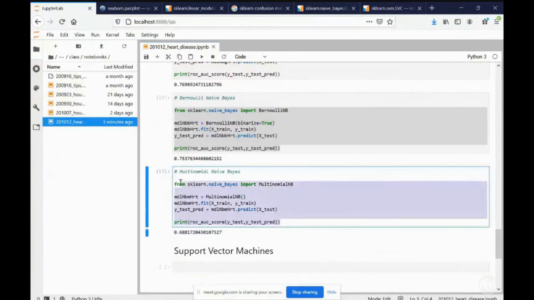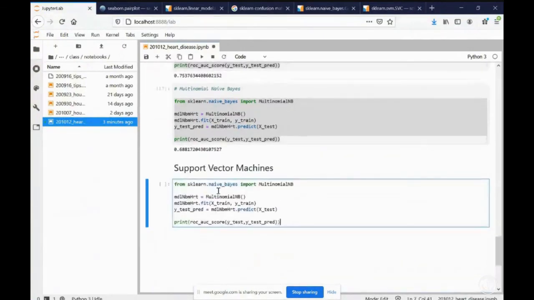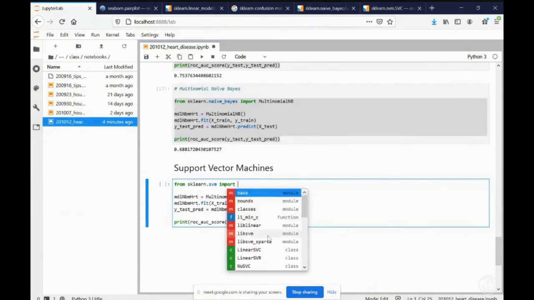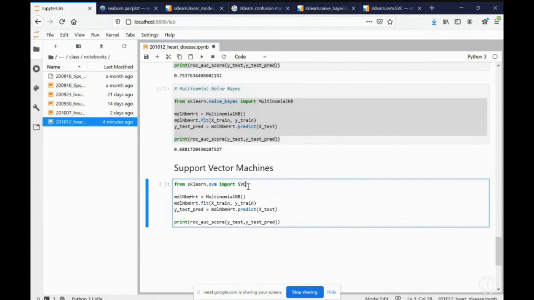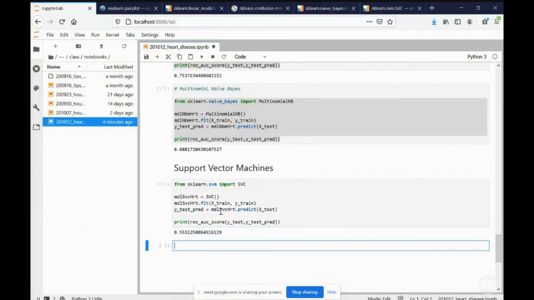So let's do this. svm, and let's import svc. Right, so this is svc, and fit, predict, and then see what we get here.